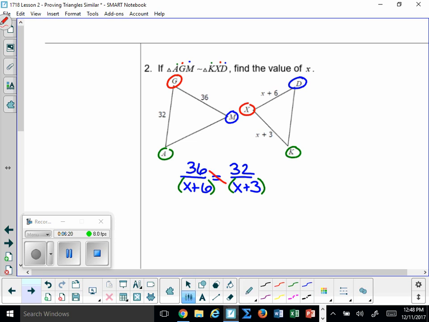I'm going to have 36 times parentheses x plus 3 equals 32 times parentheses x plus 6. 36x plus 108.